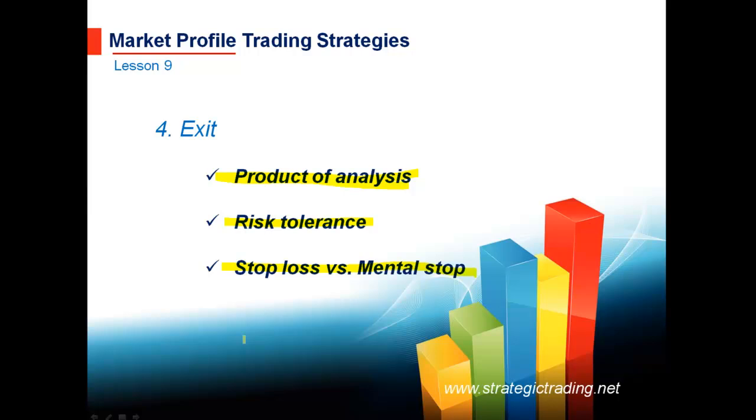This requires a lot of discipline and someone who's very nimble and very quick at execution. Others will use a stop loss, but the stop loss will be at a very wide level. So it's sort of an emergency exit. It's not really where they would leave the market. And the reason is they don't want their stop to get hit and then their trade to start working out.